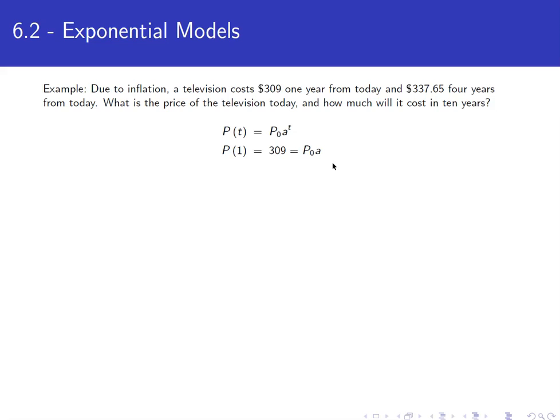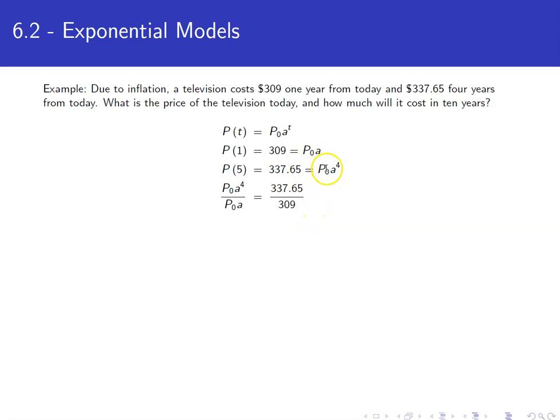We know that when we plug in 1, we're supposed to get 309 out. When we plug in 1 into the model, we get P naught times a. We know the price 4 years from today is 337.65. So when we plug in 4 for t, we should get 337.65. This is a typo. This should say 4, not 5. It should say P of 4 equals 337.65.